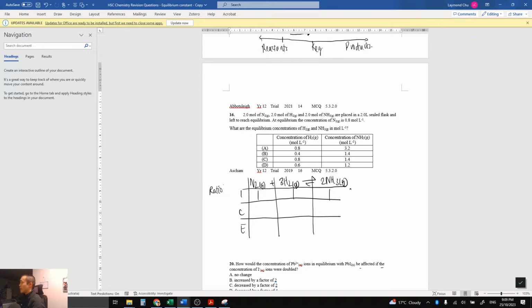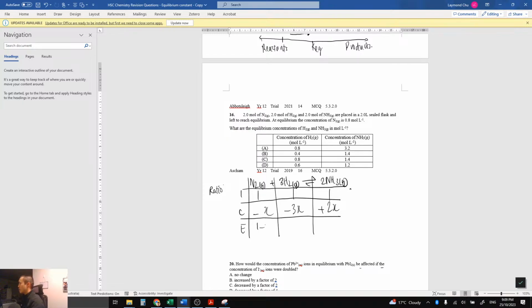If it's a reactant, it gets consumed. If it's a product, it gets produced. So how do we denote that? Our change is, in this case, minus x. Our H2 in this case is minus 3x, and our ammonia is plus 2x. All right. So what do our equilibrium concentrations equal?